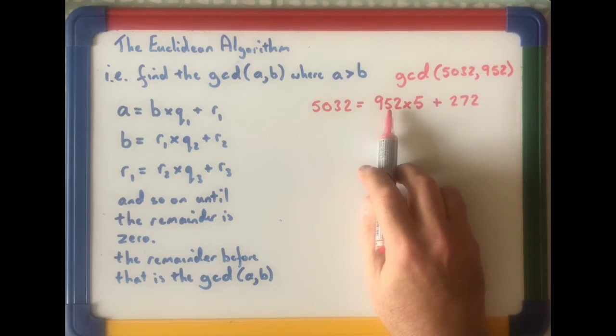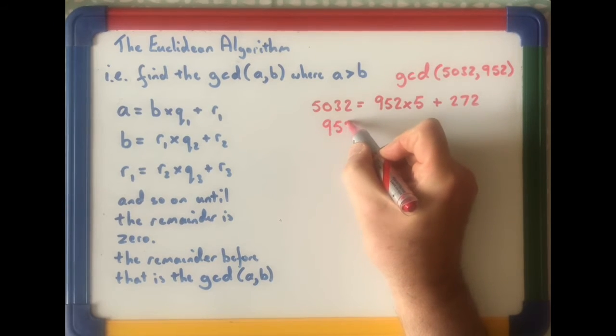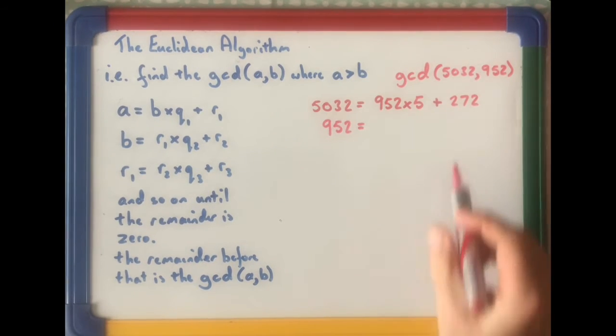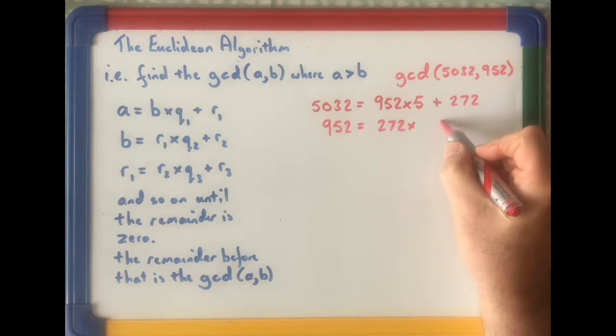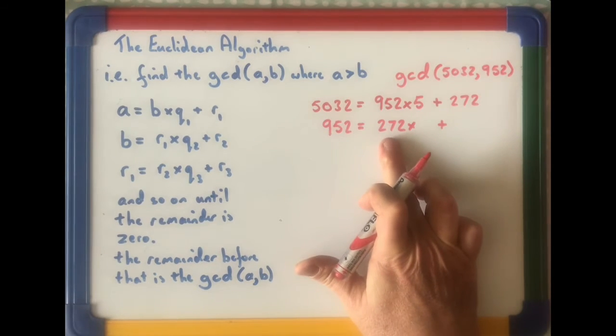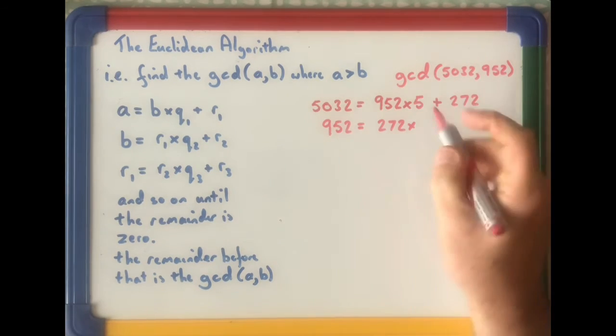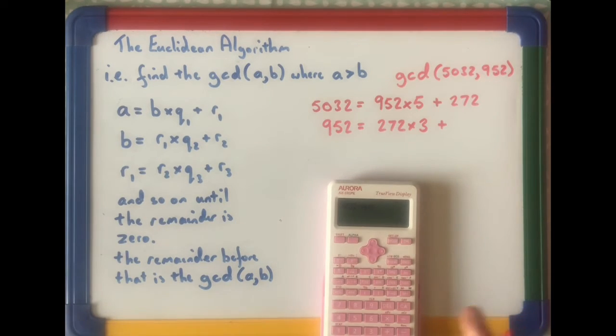Now I'm going to write the smaller of the two numbers, 952, is equal to the remainder 272 times something plus another remainder. Well, 4 times that would be over 1,000, so it's going to be 3 times that, isn't it? Yeah? So 272 times 3 gives me 816.